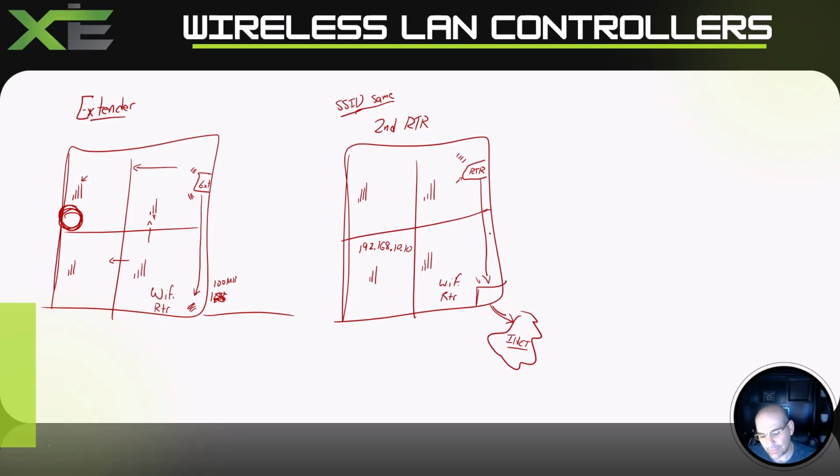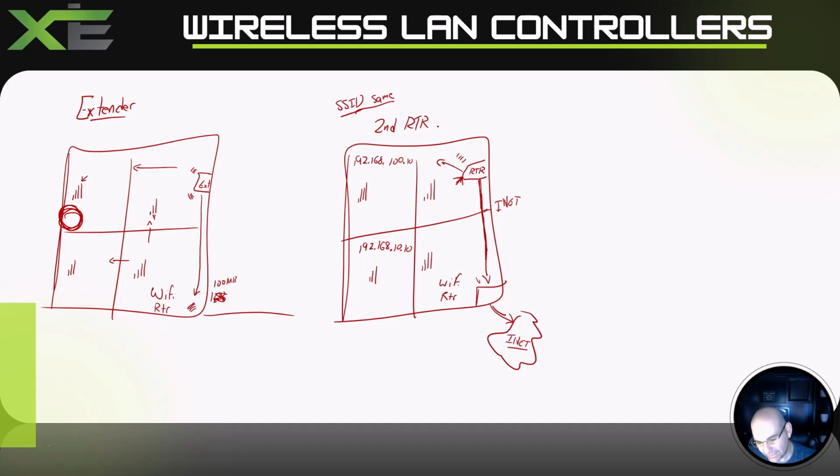But this wireless router is going to consider this connection here as its internet. So this wireless router is going to create a completely separate inside network, and that inside network might be 192.168.100.10 for your tablet. These cannot be the same, because this wireless router is going to need its own internal and exterior network.